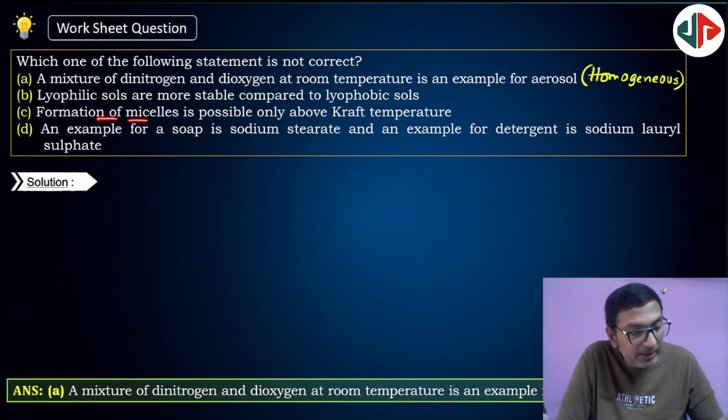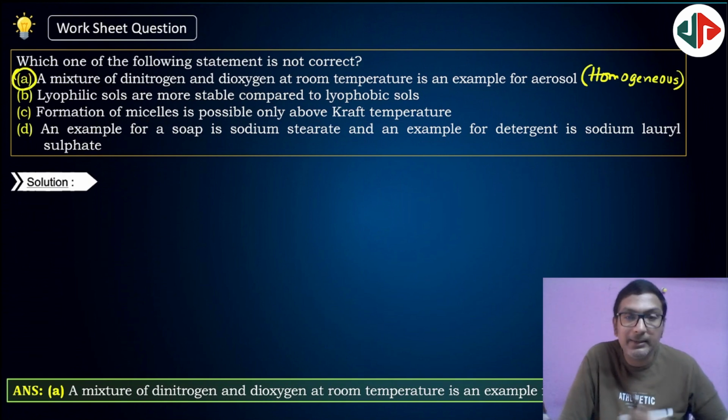Next, formation of micelles is possible only above Kraft temperature. That is a correct statement. An example for soap is sodium stearate and an example for detergent is sodium lauryl sulfate. That is also correct. So A is wrong. A is not correct because a mixture of N2 and O2 forms a homogeneous mixture. Homogeneous mixtures are not colloids.